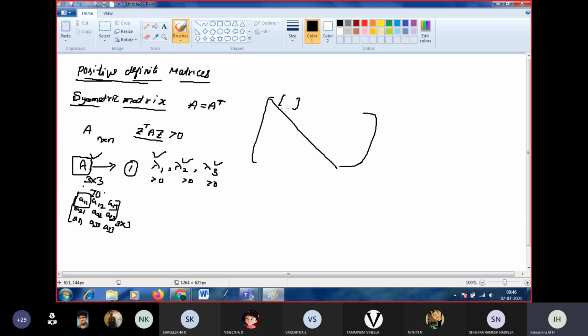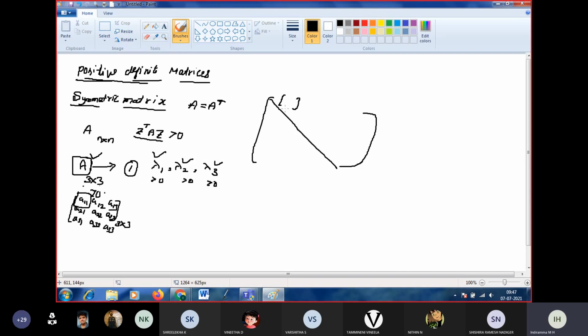Pivots means the diagonal elements, without interchanging the rows. So without interchanging the rows, the pivots, that means diagonal elements, should be positive.